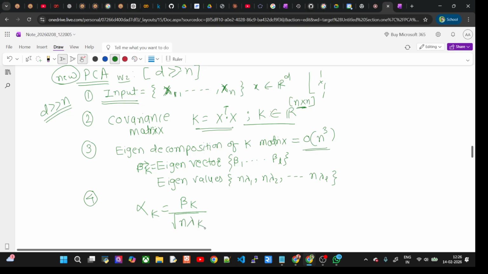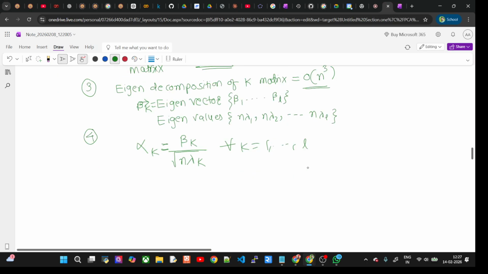This is what you have for all values of k from 1 to l. Once you get alpha k, in the next step you simply go with your most known wk calculation, which is wk equal to x into your alpha k, for all values of k from 1 to l.